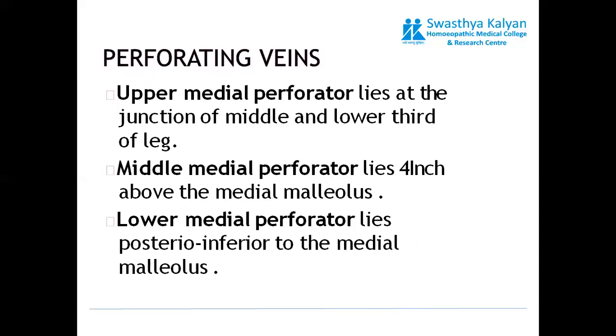The upper medial perforator lies at the junction of the middle and lower third of the leg. The middle medial perforator lies 4 inches above the medial malleolus, and the lower medial perforator lies posterior inferior to the medial malleolus.